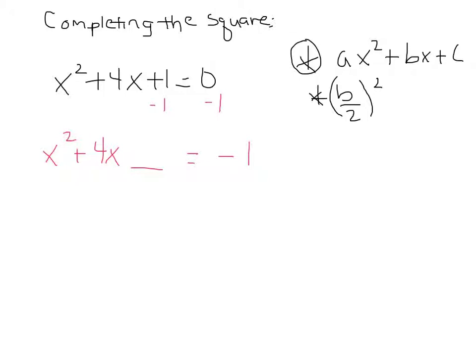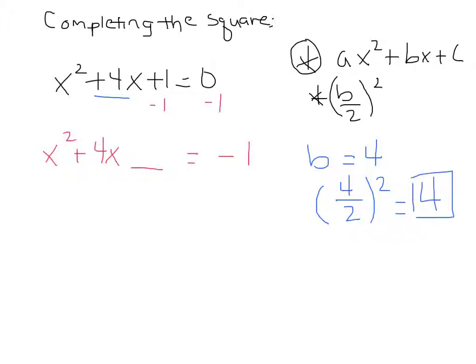My b term is positive 4. And so when I complete the square, it's (4 divided by 2) squared, right? b divided by 2 squared, which is 4 divided by 2 is 2, and 2 squared is 4. So in this case, our number to complete the square is also 4.